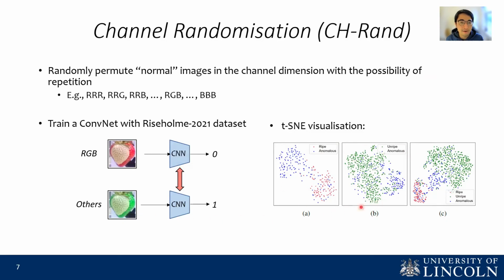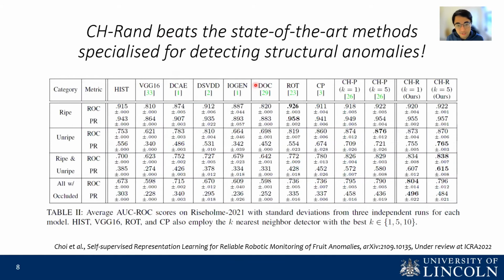Finally, we could get very useful feature representations for detection of real anomalous strawberry images. So a simple classification algorithm, such as k nearest neighbor, could be applied on this representation. This is the performance result showing the AUCs of ROC and precision recall curves, where the higher the better. Also, the right two columns show the performance of channel randomization.